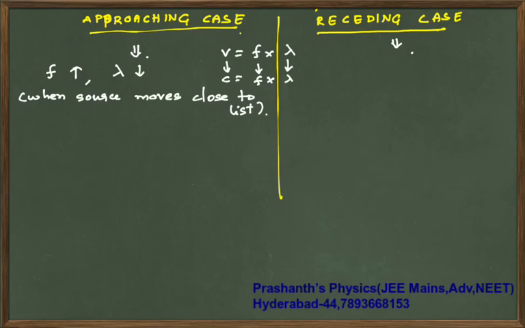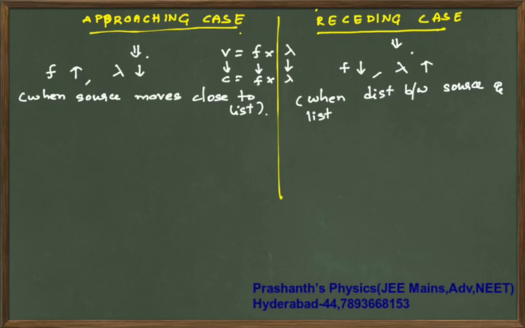If you take the receding case, when the source moves away, if the separation between the source and listener is increasing, the apparent frequency will decrease and wavelength will increase.